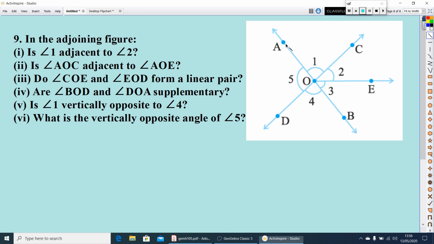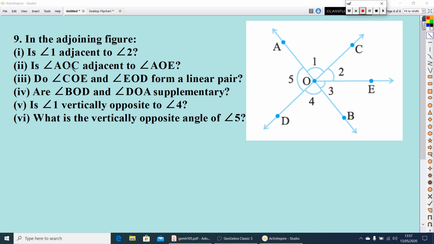Look at angle 1. This is angle 1 and angle 2. Are they adjacent? You check common vertex, common arm, and whether the non-common arms are on either side of the common arm. Please check three conditions and write the answer whether they are adjacent or not.